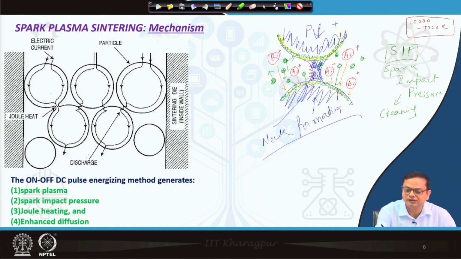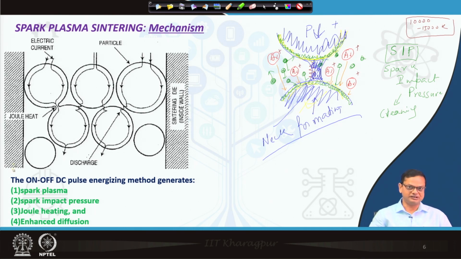But the internal structure of the powder particles, nothing really is happening there that much, the temperature does not really rise that much. Okay. So, because of all this phenomenon, there will be very efficient sintering, extremely good densification at lower sintering temperature and lower sintering time. Okay. That is why SPS is so important.